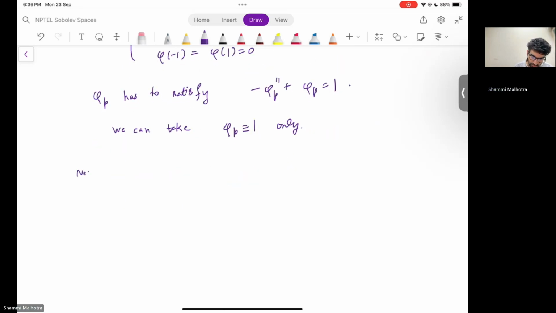Next, let phi h be a solution of the corresponding homogeneous equation.